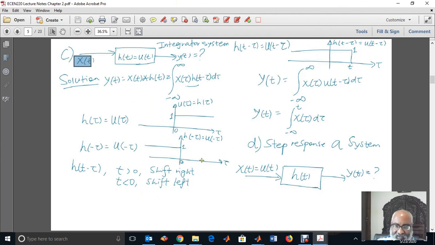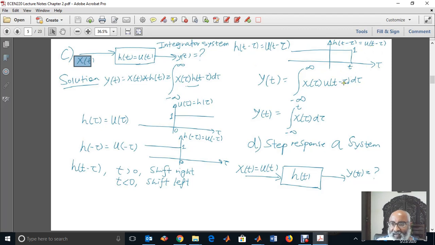That means h of t minus tau, which is u of t minus tau, will be 1 from minus infinity until the point t. Of course, for tau greater than t, it will be 0. This is h of t minus tau, which is u of t minus tau.